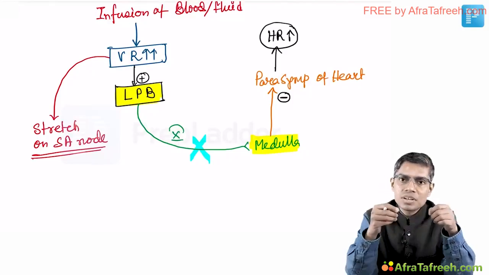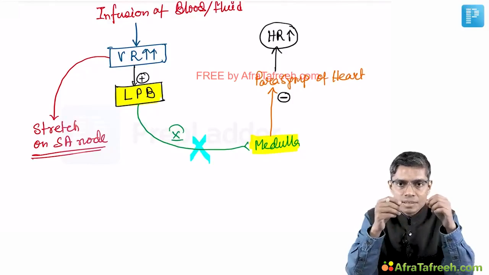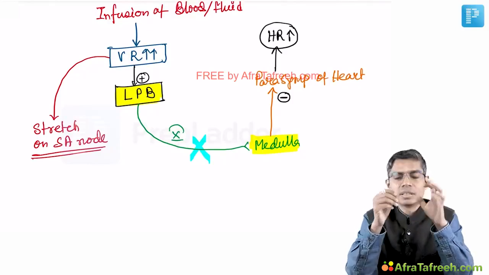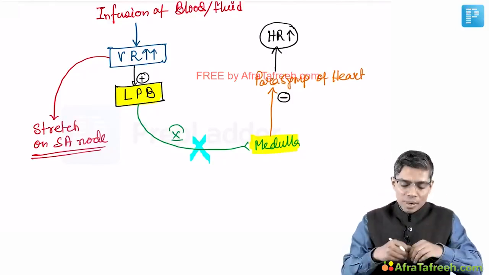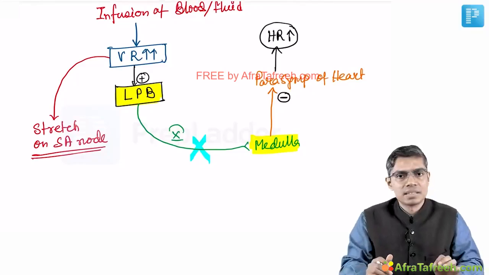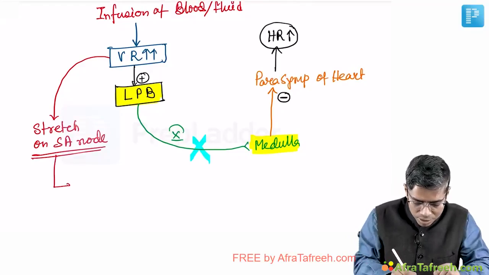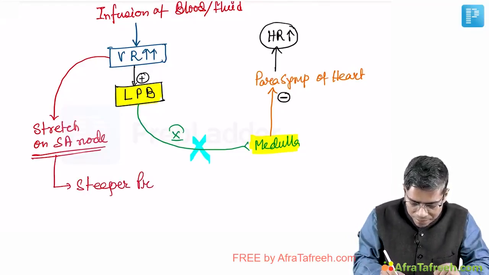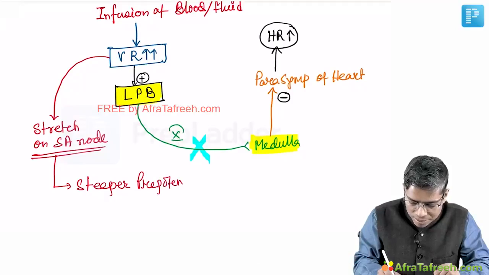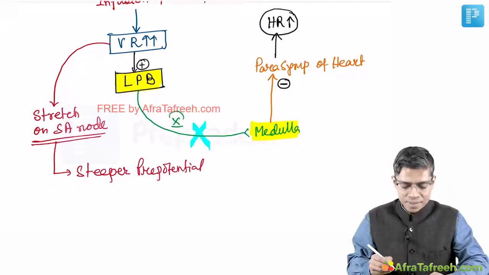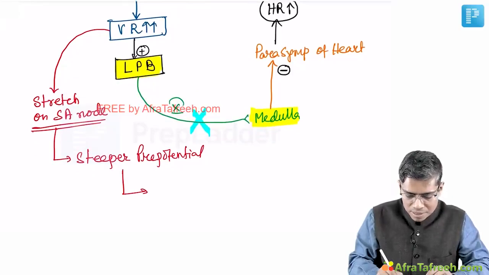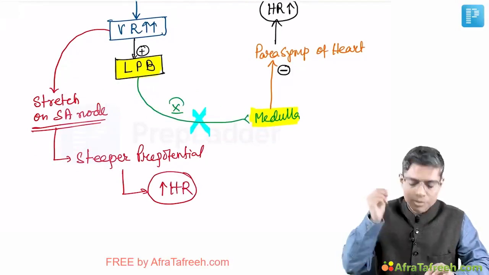Yes, that will also be stretched. If the SA node is stretched, there will be opening of some additional channels in the prepotential phase, because of which there will be a steeper prepotential at the SA node. We have discussed this prepotential earlier. Because of the steeper prepotential, there will be increased heart rate also.